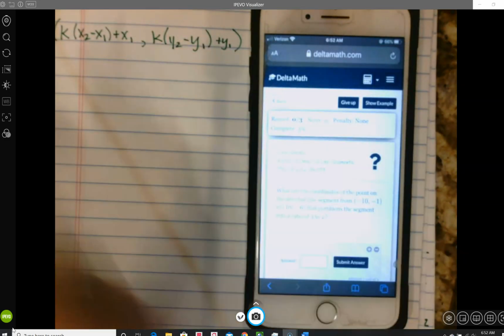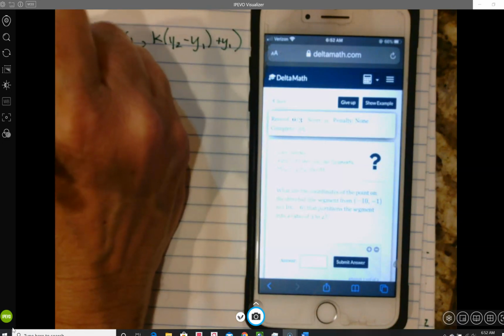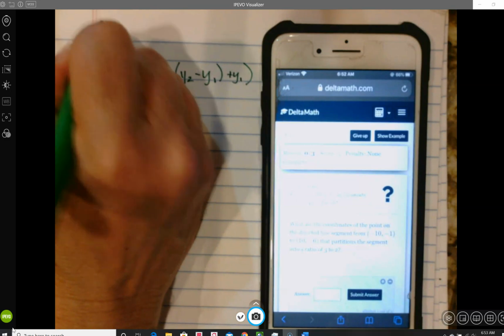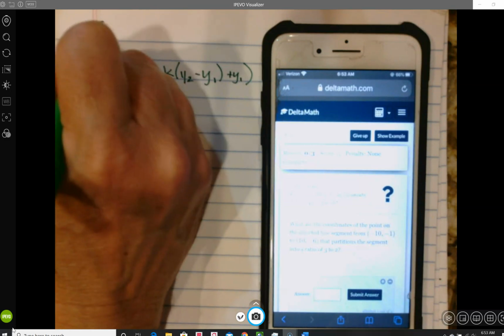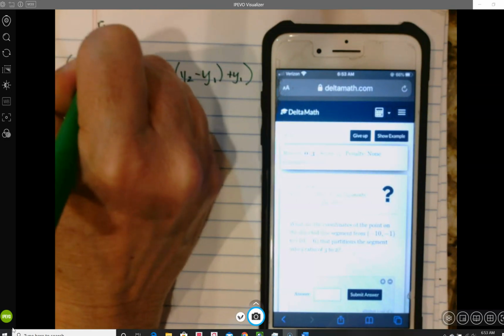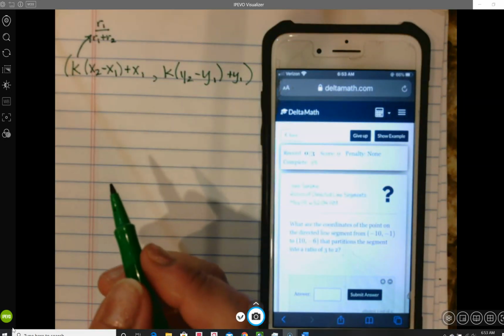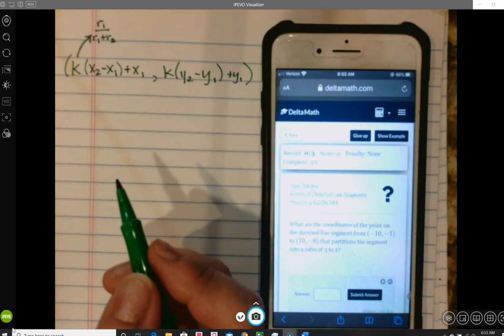Now I'm going to pull up an example, and you're going to see that they are going to give you a formula for how to get k, which adds a lot of extra variables into the formula, but it does make it a little bit simpler.